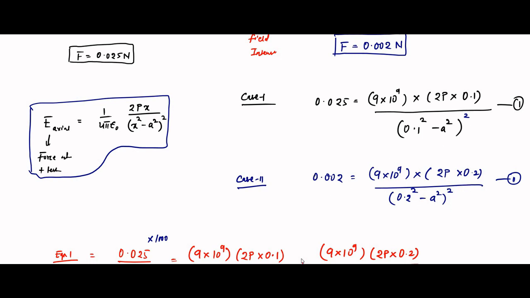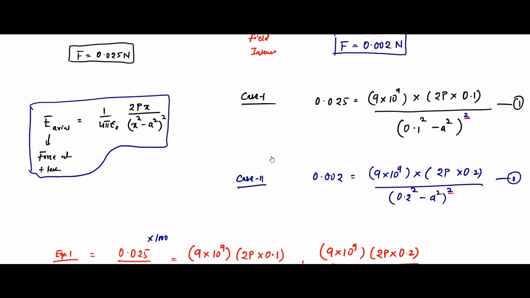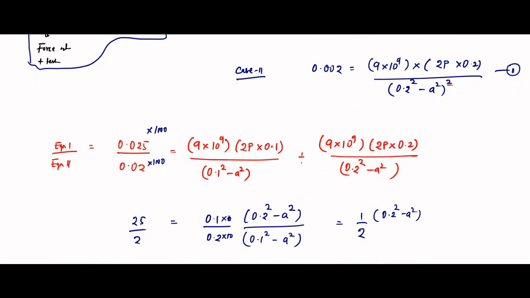So I missed the square, sorry. So put that. This is also square, and here also it is square, by 0.1 square minus a square whole square.